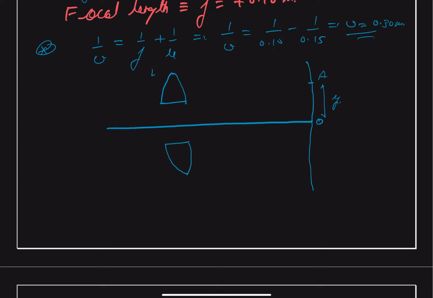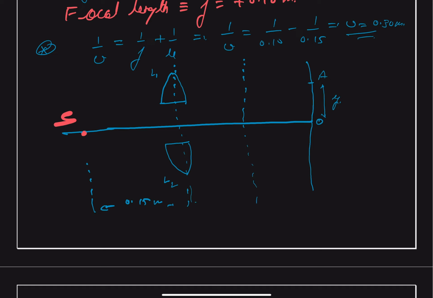Upper side is our L1, lower side is our L2, and we are given a source that is our S, kept at a distance of 0.15 meters from the lens, and the image formed by these lenses is at a distance of 0.30 meters. So let us suppose that is somewhere here.